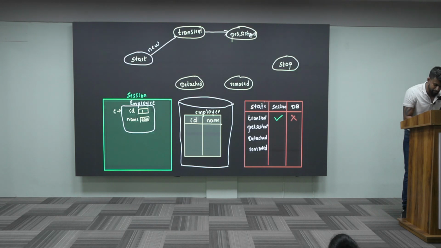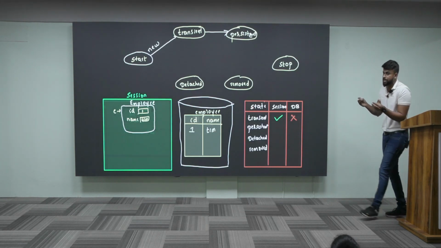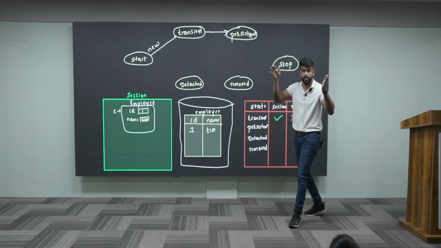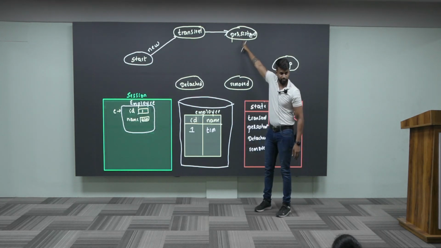Which state? Persistent state. What do you mean by persistent? You can see there, employee details, you are storing inside your database. Where is the database present? In hard disk drive. What is hard disk? Permanent memory. That is why it will go to the persistent state.